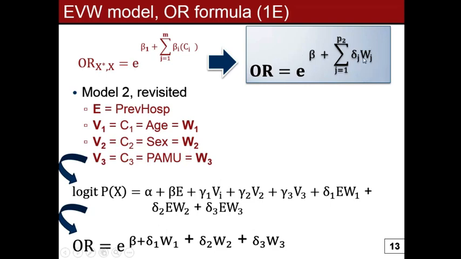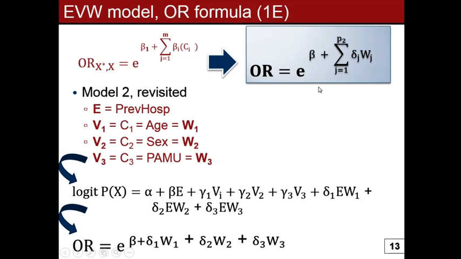So when you have effect modification, at certain levels of those effect modifiers, age is this, sex is that, and so forth, you plug those values in here, you take the regression coefficients, and wow, you've got yourself an odds ratio for these levels of W effect modifiers.